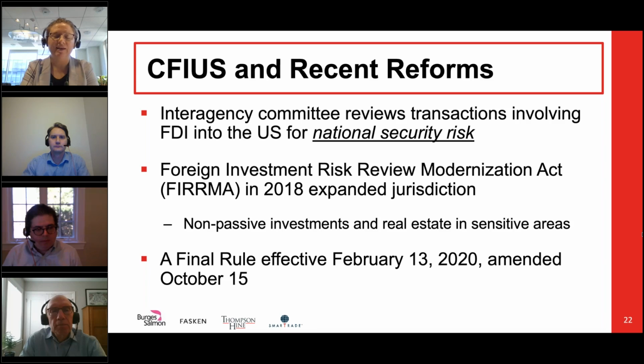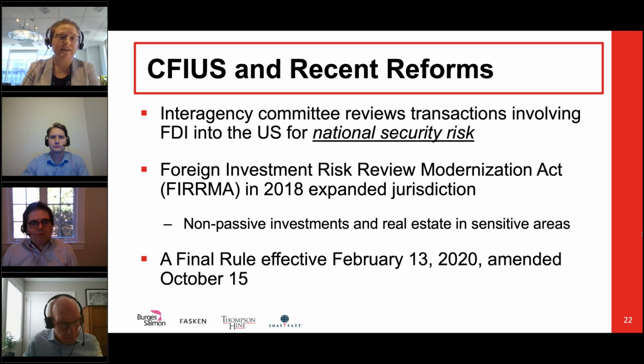Unlike in Canada and the UK, the competition and antitrust regimes and agencies are very separate from the national security review agencies.